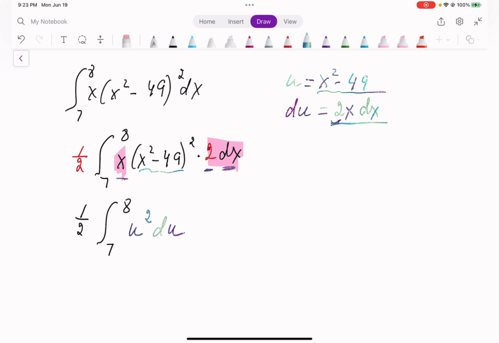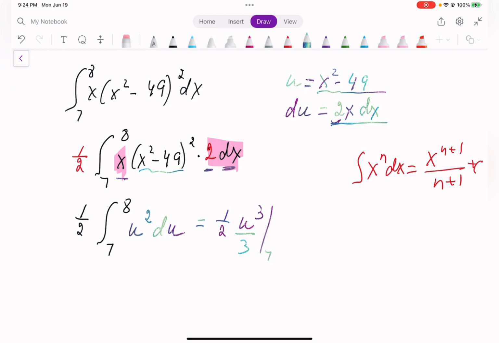So from here, just real quick, I remind you, the integral of x to the power n dx is equal to x to the power n plus 1 over n plus 1, right? And plus c. So we're going to take this out, and it's going to be 1/2 from 7 to 8, and it's going to be u cubed over 3, right?